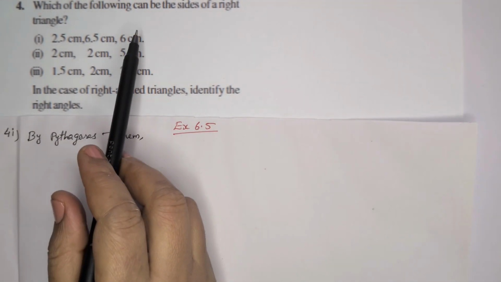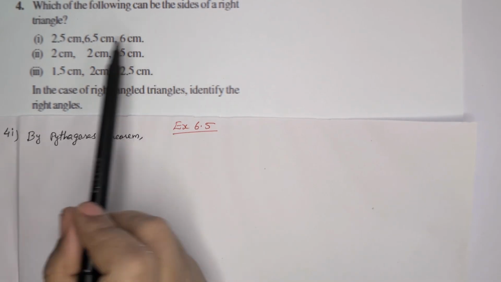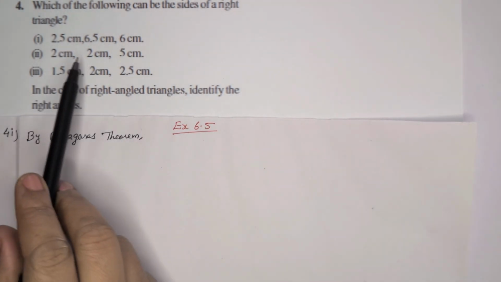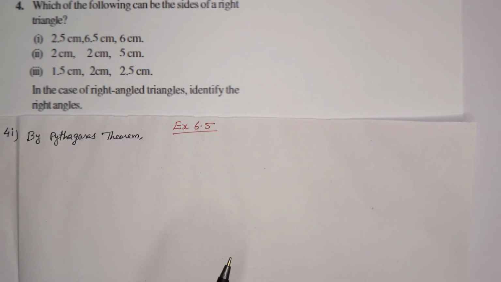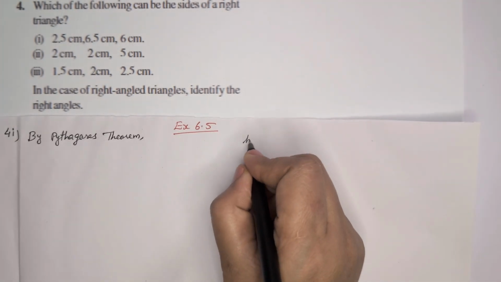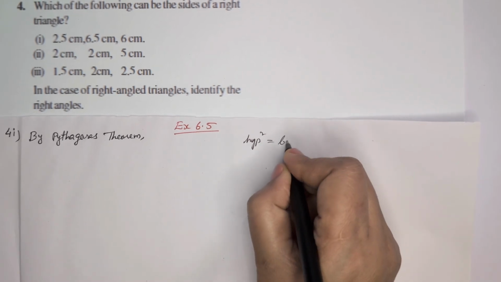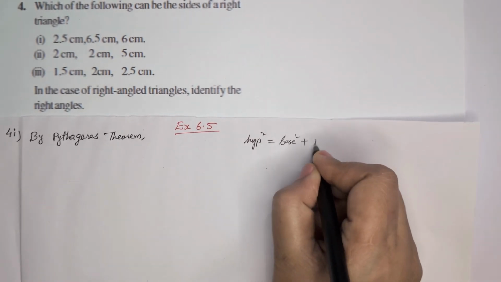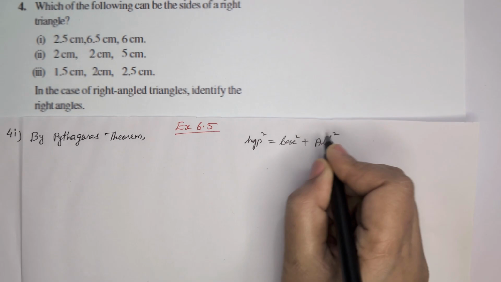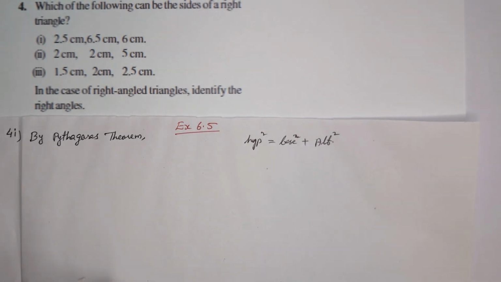Question number 4. Which of the following can be the sides of a right triangle? First one: 2.5 centimeter, 6.5 centimeter, 6 centimeter. We know that hypotenuse square is equal to base square plus altitude square. That is Pythagoras theorem.